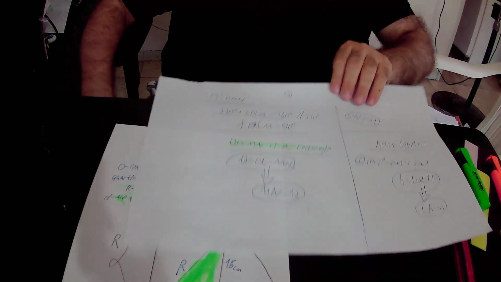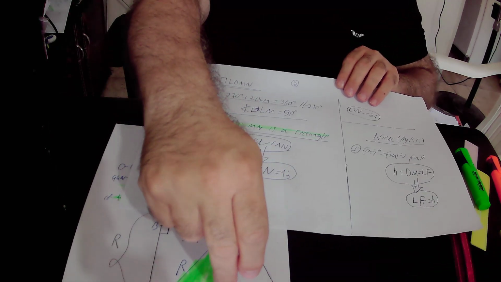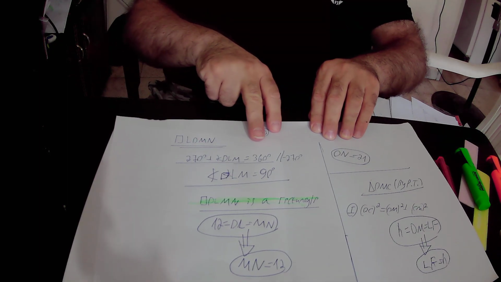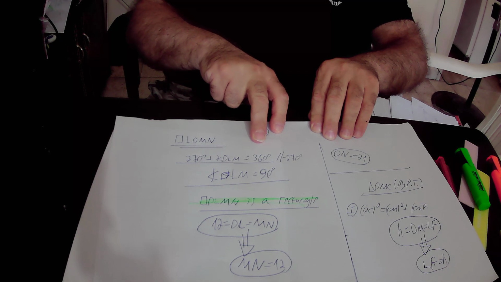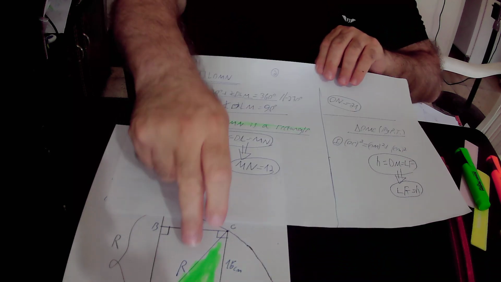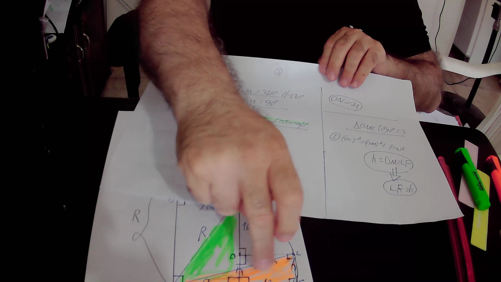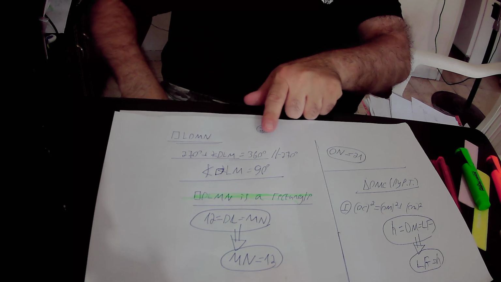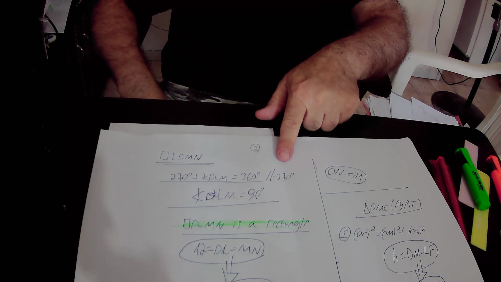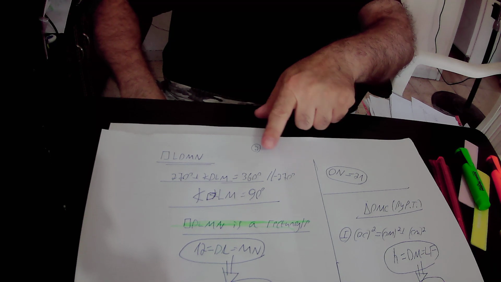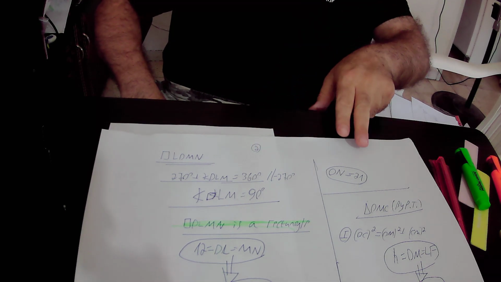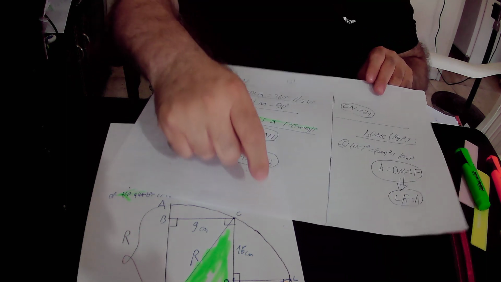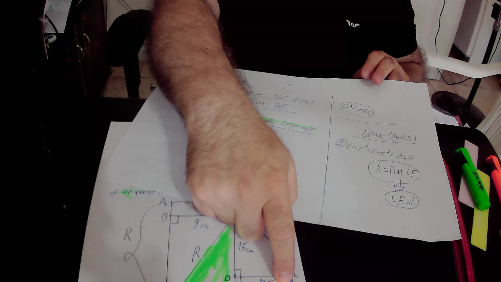Here the sum of the angles in quadrilateral LDMN is equal to 360 degrees. Here we subtracted 270 degrees from this equation and found out that the missing angle DLN is a right angle. It is equal to 90 degrees.